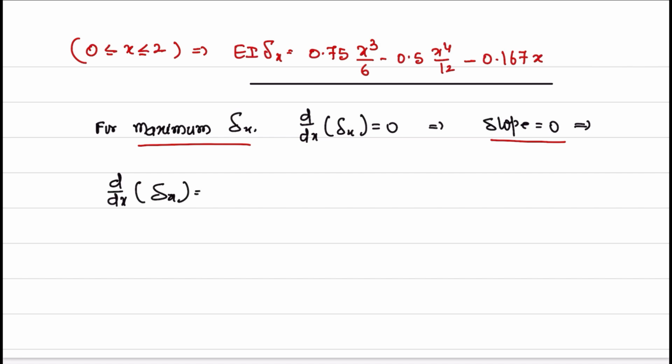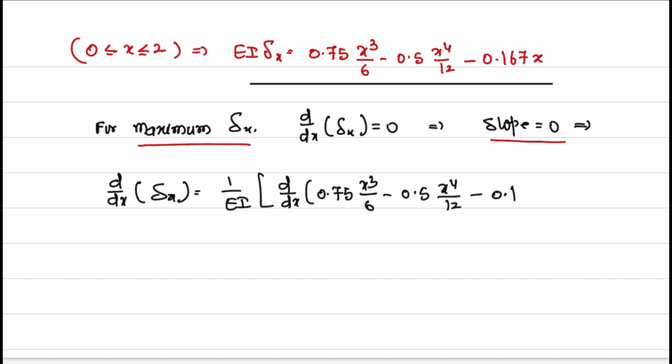The 1 by EI comes down here: 1 by EI into d by dx of 0.75 x cube by 6 minus 0.5 x to the power of 4 by 12 minus 0.167 x should be equal to 0. Slope is this equation, theta, and it should be equal to 0.